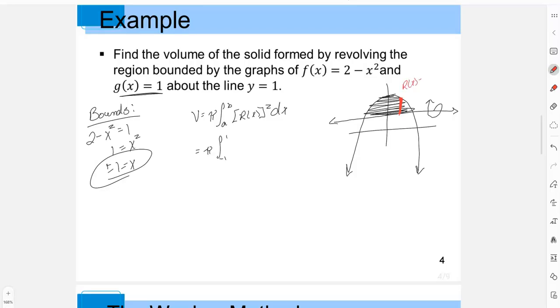That radius is going to be that quadratic minus where that line y equals 1 is. Okay, so that's going to give me that radius value. So how big is the radius for each of these slices? And notice over here, it's going to be different than what it is in the middle. So notice we're going to have a variable radius again.